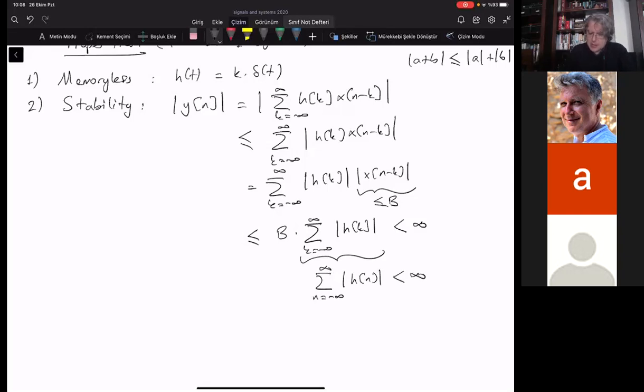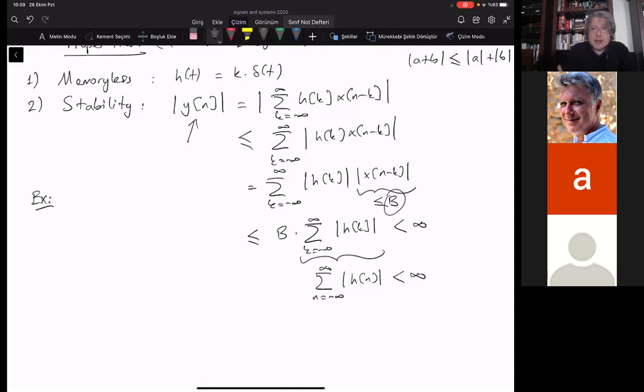As long as this summation is finite, the system is stable, because that would make the absolute value of y of n finite, bounded, with respect to a bounded input. And what does it say? It says the impulse response values must be added, of course as absolute values, and that summation must give you a finite value.